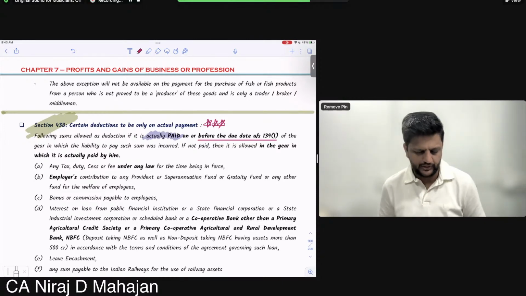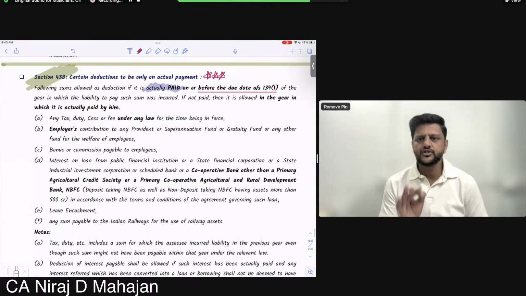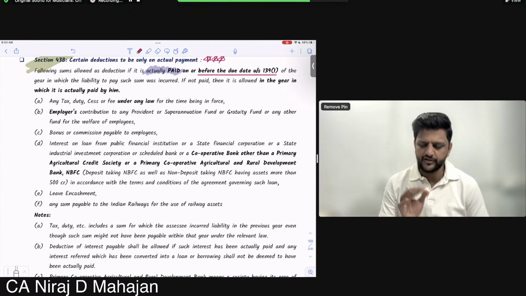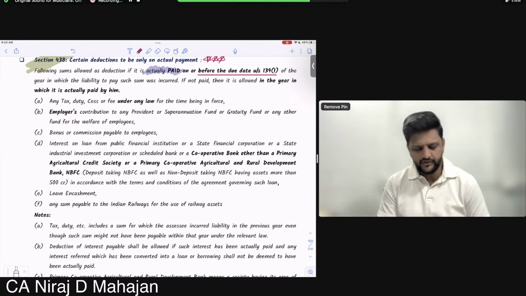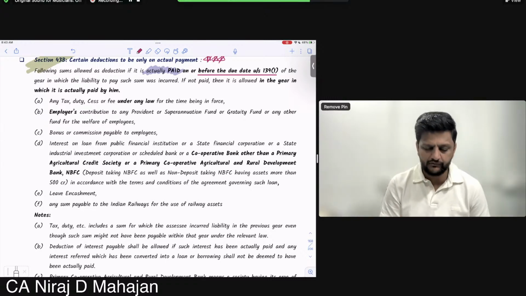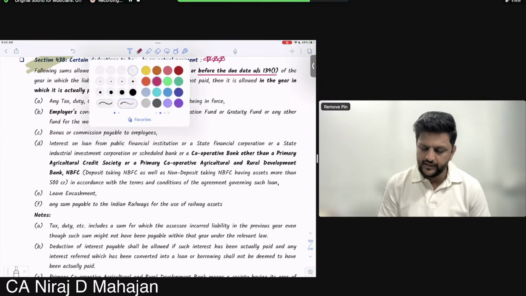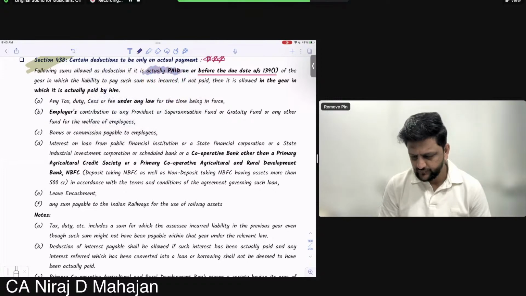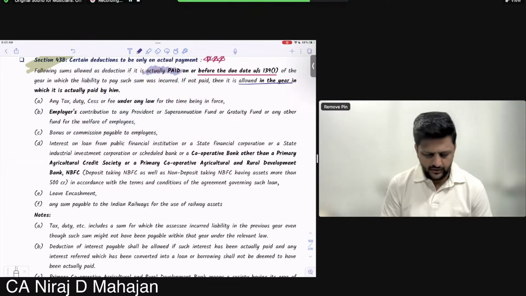So check. It will be allowed as deduction only if it is paid on or before the 139 due date of the year in which the liability to pay such sum was incurred. If it is not paid by the 139 due date, it is allowed, however, in the year in which it is actually paid by the assessee.